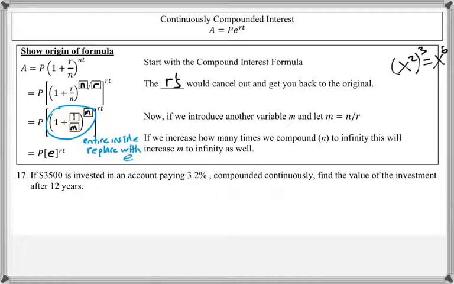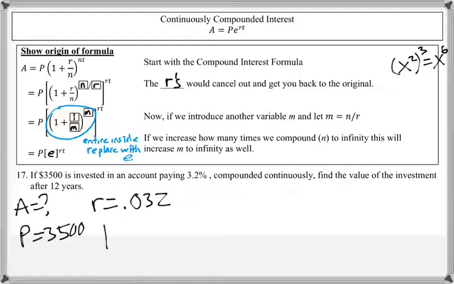So if 3,500 is invested in an account paying 3.2% compounded continuously, find the value of the investment after 12 years. So I'm looking for my future value. I know my present value is 3,500. I know my rate is 0.032. My time is 12.